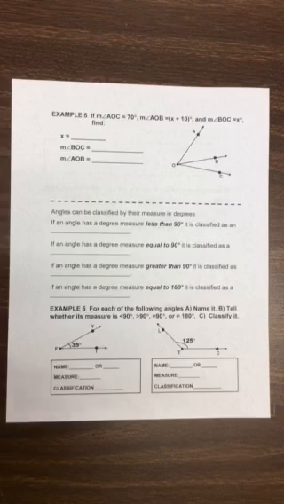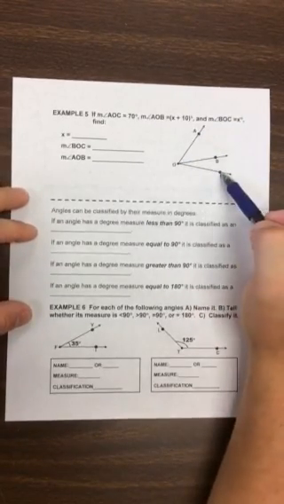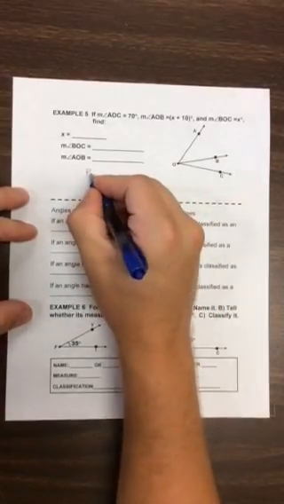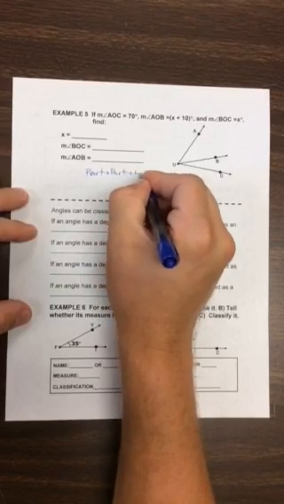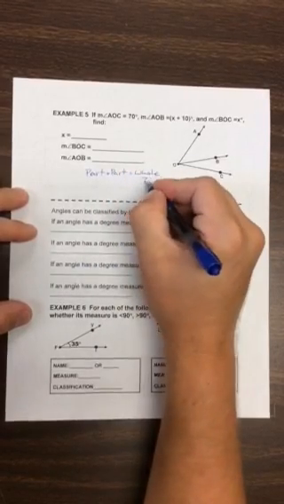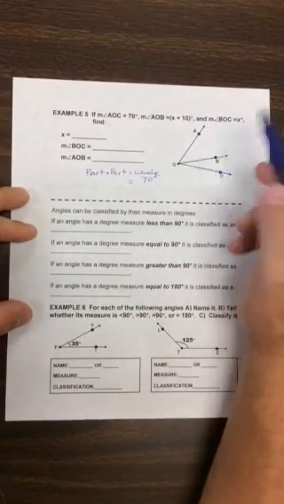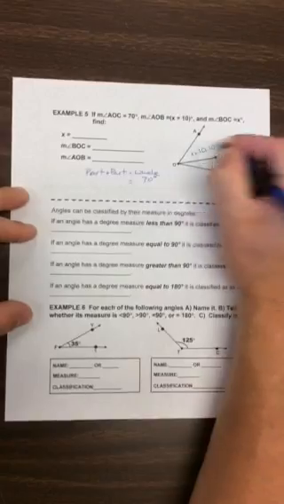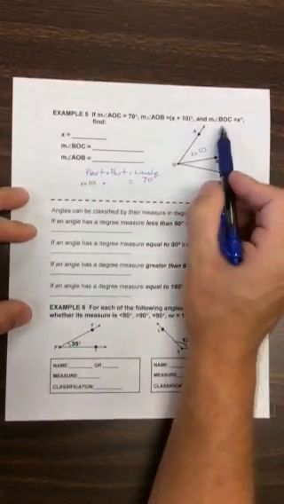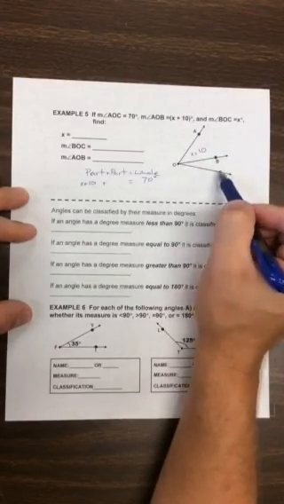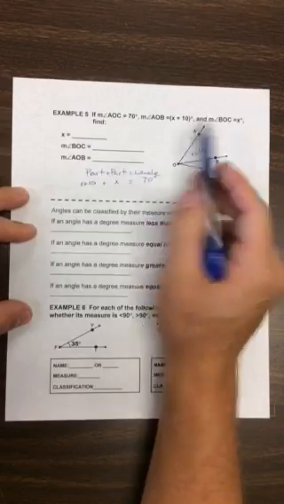All right, example 5. If the measure of angle AOC, the whole, I'm going to go ahead and write it out for you, part plus part equals whole. If the whole is 70 degrees, and the measure of angle AOB is x plus 10, that's part number 1, and the measure of angle BOC is x, what is the value of x?